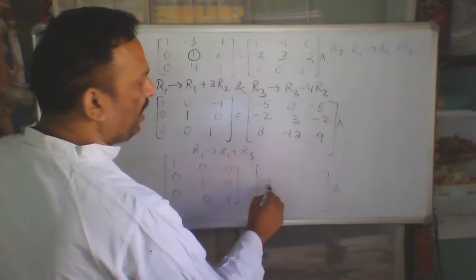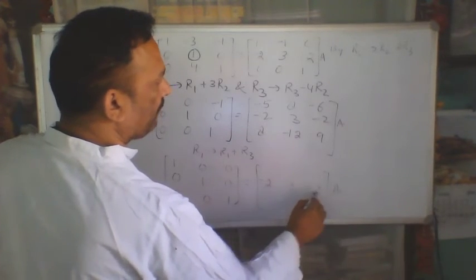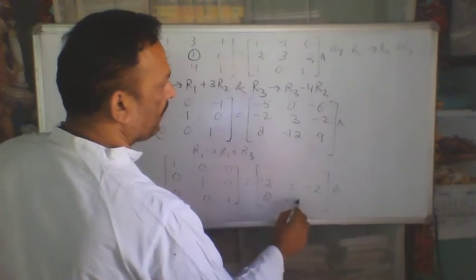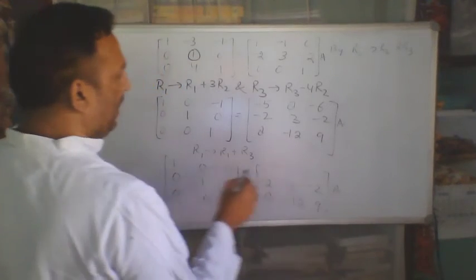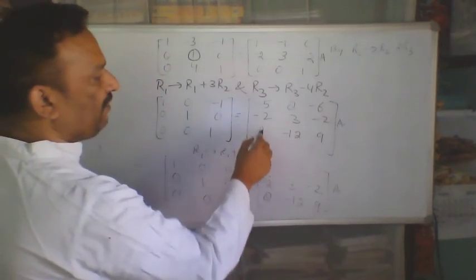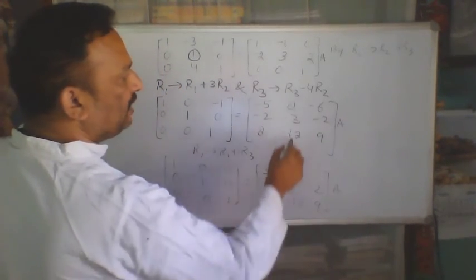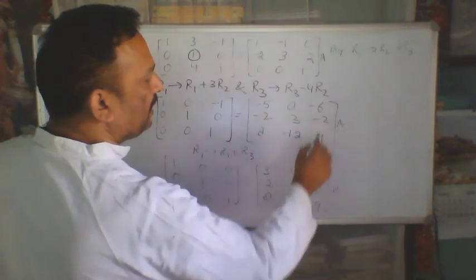The other two will remain the same, and we have got R1 plus R3. When we add, this gives 3, this gives minus 4, and this gives 3.